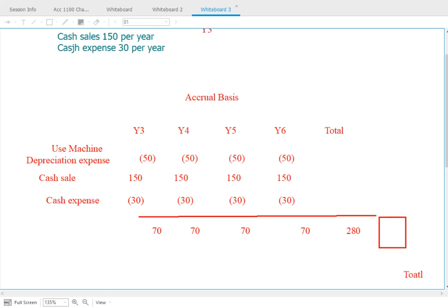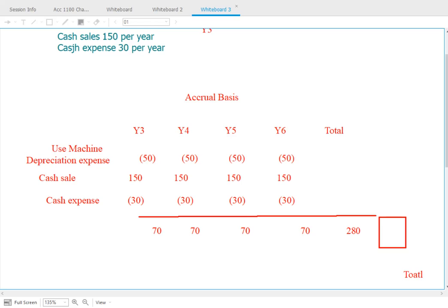But in the short term, every year has a different amount of revenue and net income. To remind you, the only acceptable way is the accrual basis. So don't use the cash basis unless the question tells you so. By default, we're going to use the accrual basis in calculating our net income.